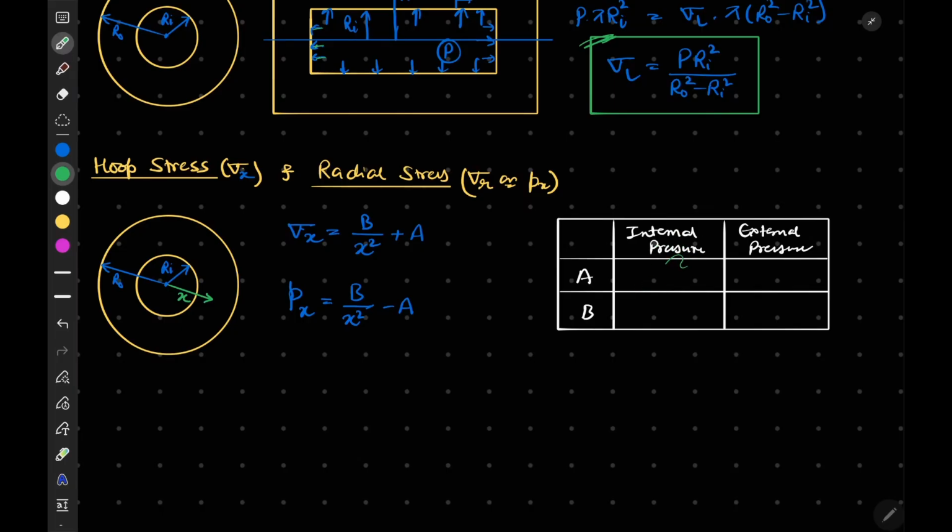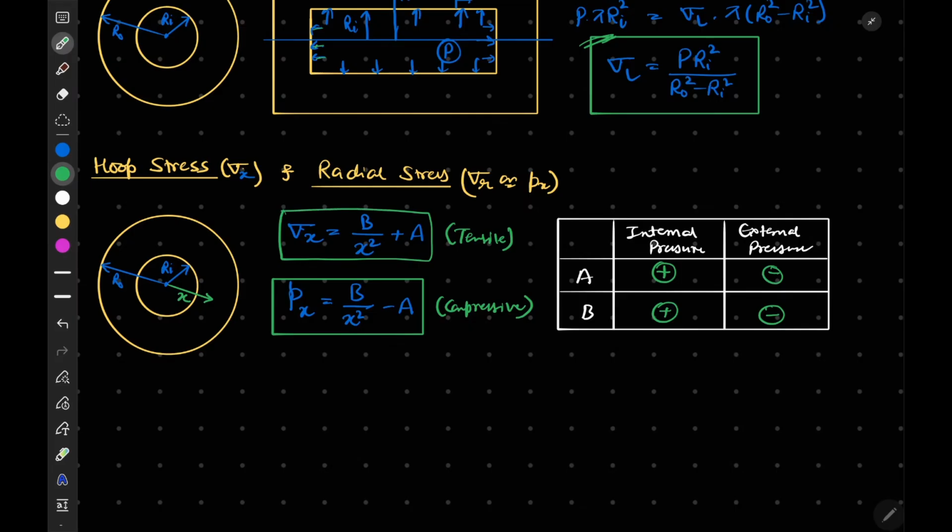Under internal pressure both a and b are positive, and under external pressure both values are negative. If we use these values here, we generally get sigma x as tensile, as I mentioned earlier, and this value as compressive. So this is the relation of radial stress and hoop stress.